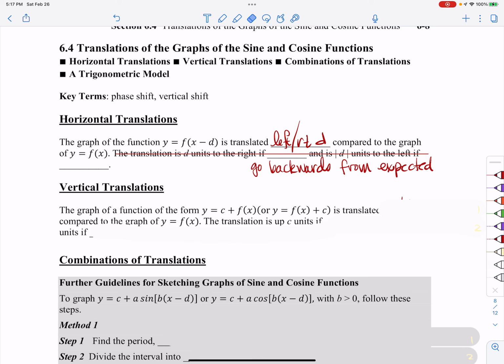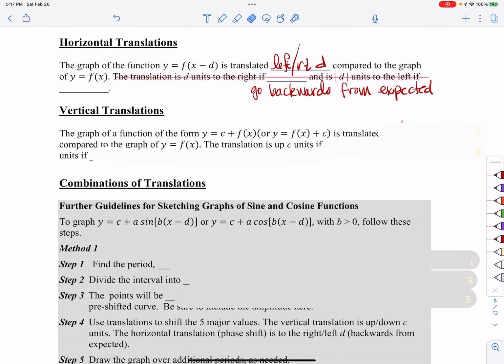If you did this in a previous math course, back when we were shifting quadratics to the right and left, or the absolute value function, different parents, we were shifting right and left. The deal is if you had something like f of x minus 3, you would go 3 to the right. If you had f of x plus 3, you would go 3 to the left. So it's that kind of a concept.